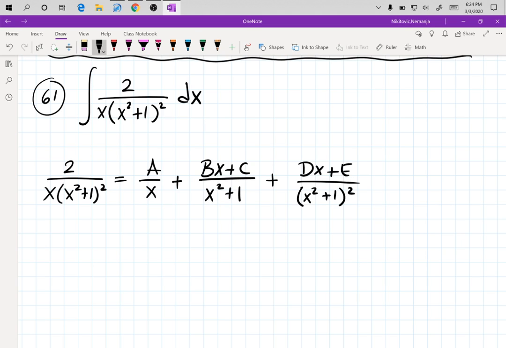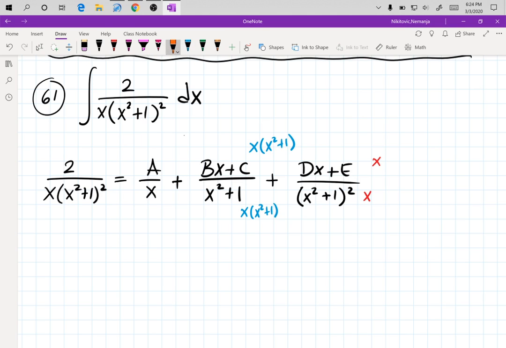The easiest one, obviously, is at the end. You just need to multiply by x top and bottom. That's the only thing that it's missing. Everything else is worse than that. The middle one, we are multiplying by x times x squared plus 1. And x times x squared plus 1.